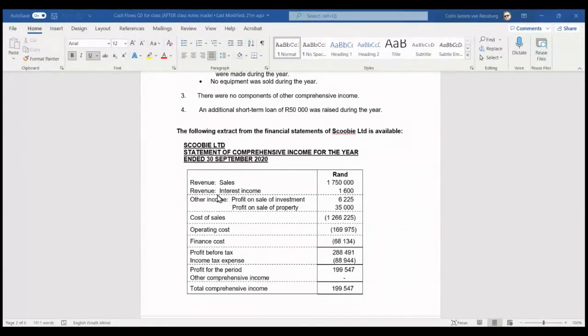If something has to do with our so-called other operating activities, we're also going to indicate it as such. If something has to do with our investing activities, we are going to indicate it as such. And if something has to do with our financing activities, we're also going to indicate it as such.